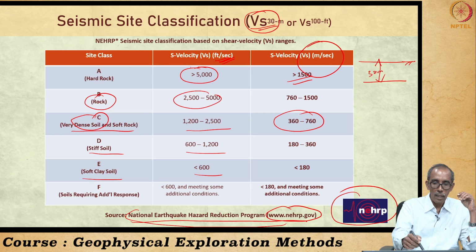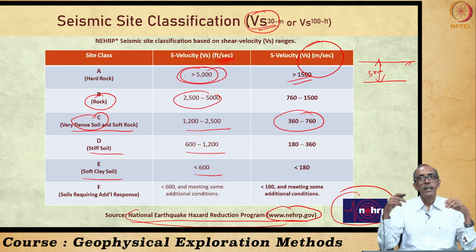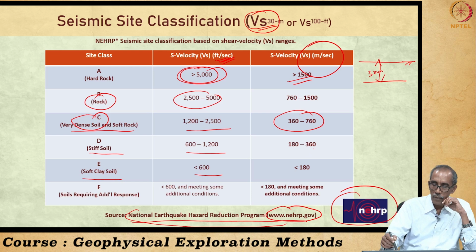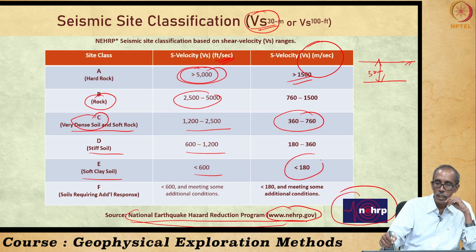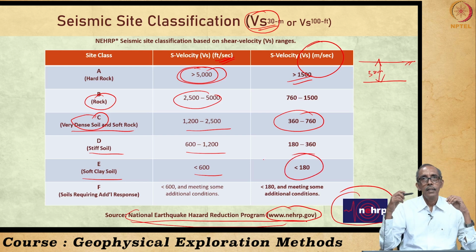Suppose the rocks are of this nature, then during any tremors the buildings are not going to be very much affected. But if the rocks have a velocity of less than 200, the seismic shocks during earthquakes will be very much amplified, and liquefaction can lead to disasters.